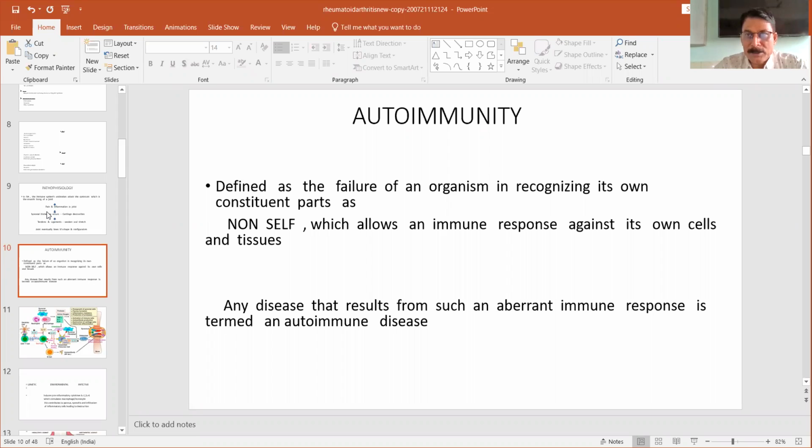Why this happens is not very clear. It allows the immune response against its own tissue. Any disease that results from such an aberrant immune response is termed autoimmune. As you know, autoimmune means a disease where the antibody is formed against its own organ or agent. That is the main important thing.